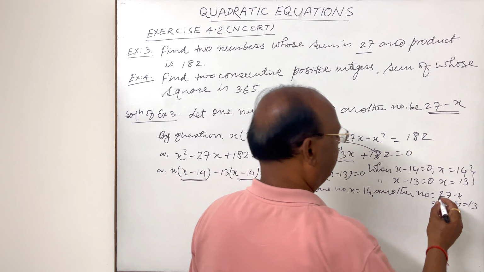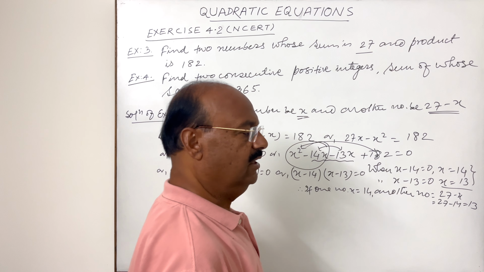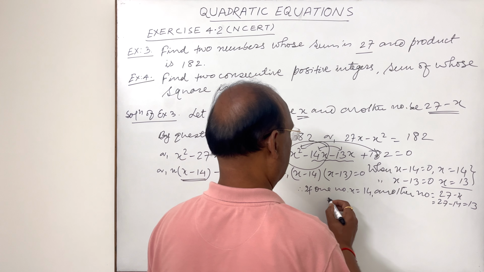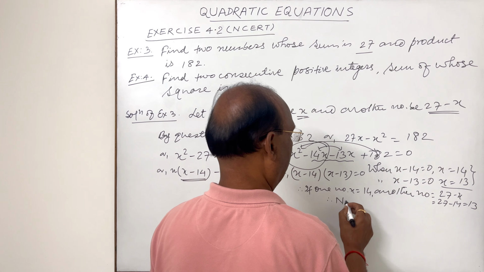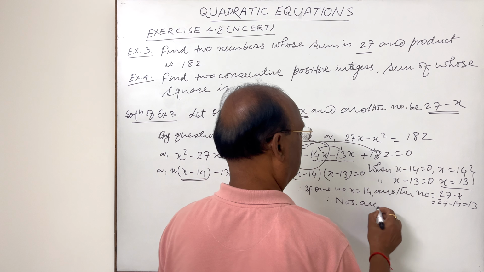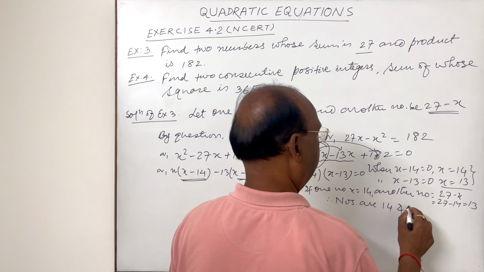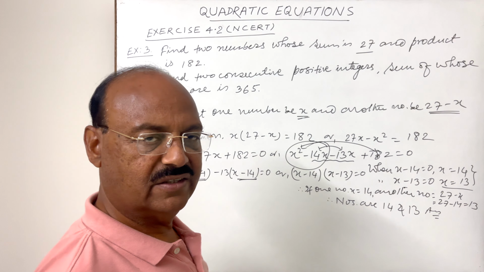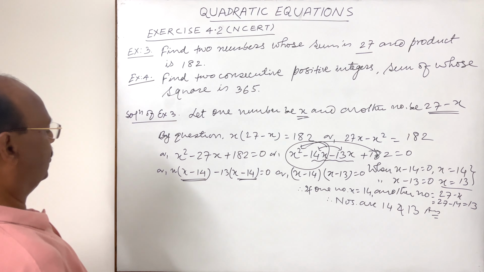And when we put x is equal to 13, even then we will get the same values, 13 and 14. So the required numbers are 14 and 13. This is the answer. Correct? Very interesting. Now let us discuss another question also.